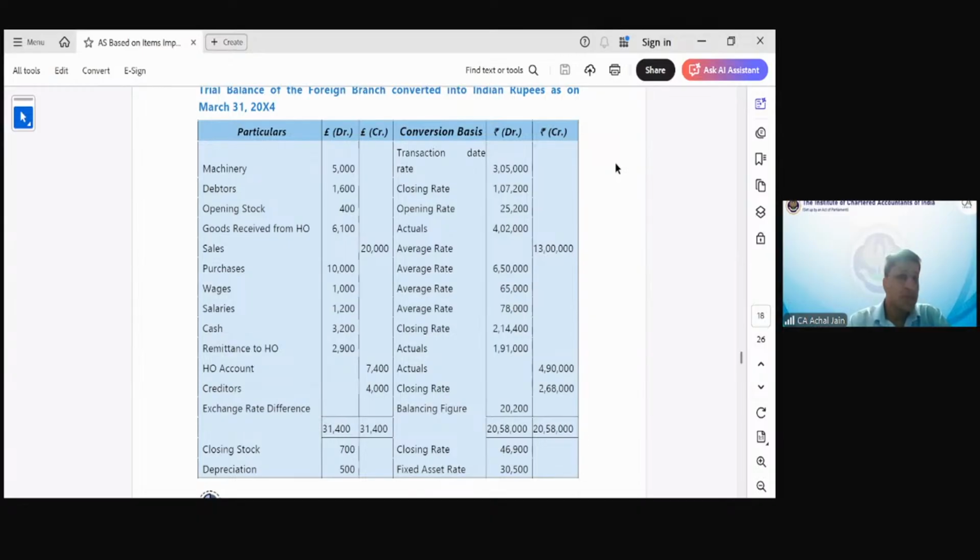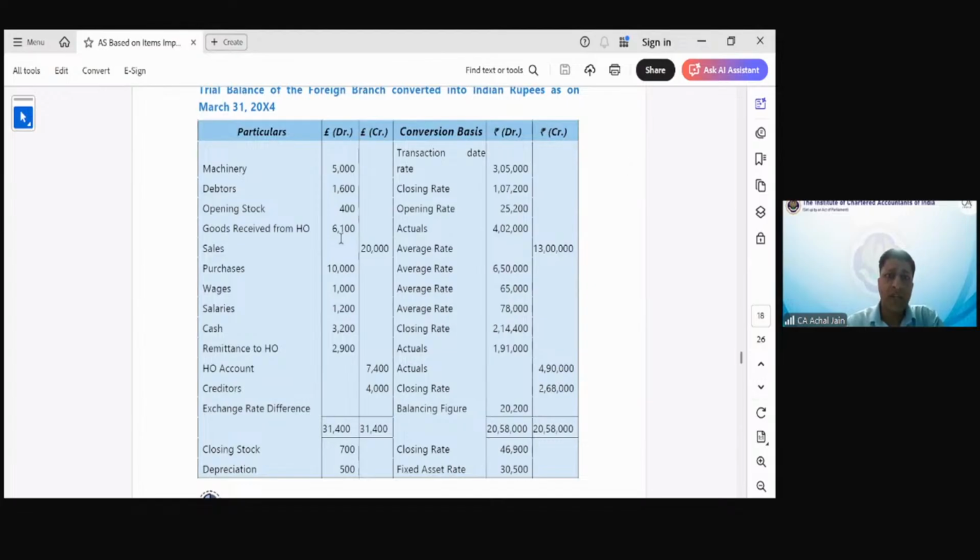Debtors, you'll convert using the closing rate. Opening stock, you apply the opening rate. Why? Because anyway you have got the closing stock, in which you will be adjusting the closing rate anyway.